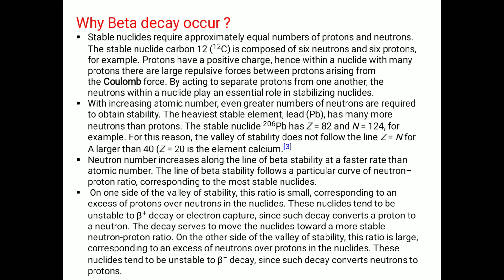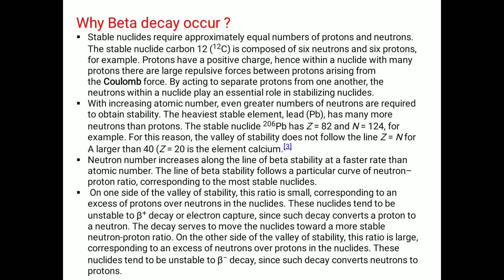As we discussed in the above point, as the proton number increases, there is a large Coulomb repulsive force. To balance this Coulomb repulsive force, we increase the neutron number, and due to that increased neutron number, that nuclide becomes stable.